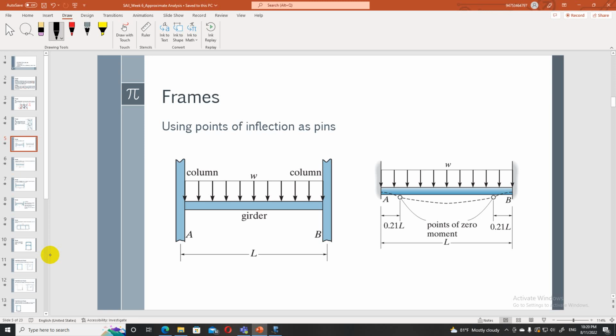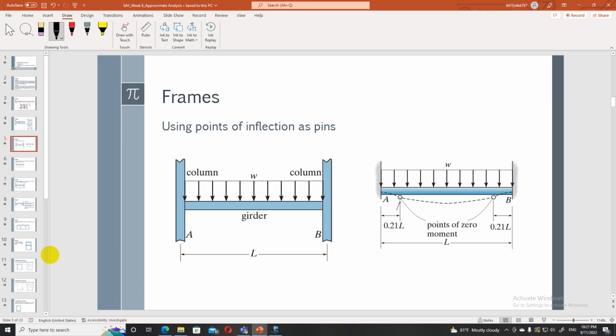The point of inflection will normally be in a beam, a girder, or a frame, at 0.21 L distance. If your column is a stiff element, from that column it will be 0.21 L. At this point we can consider it as a pin and then treat the solution.